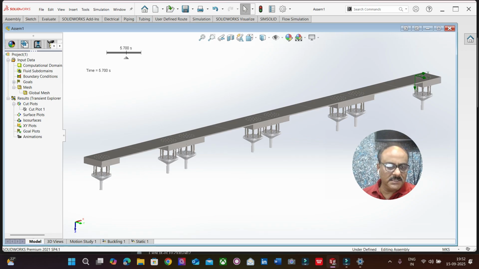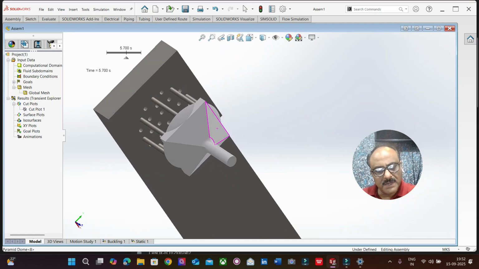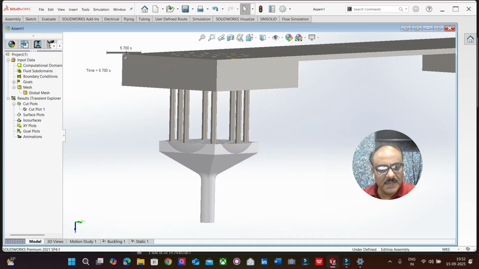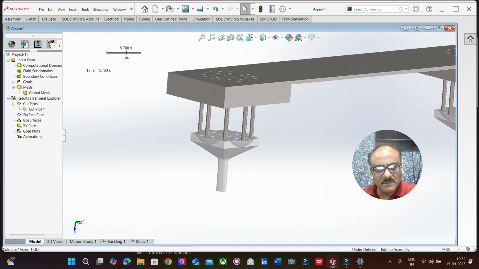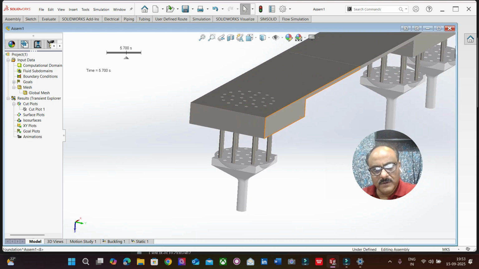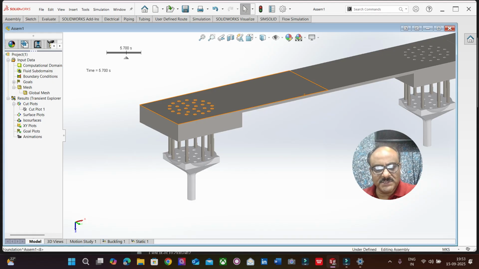So it's a 3D solid model of the system. We have a trapezoidal member, and over that we have a group of piles, I mean the columns, and on the columns we have the superstructure.